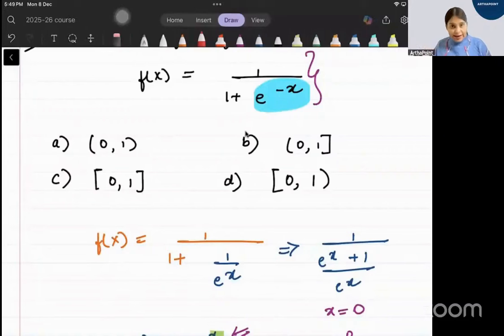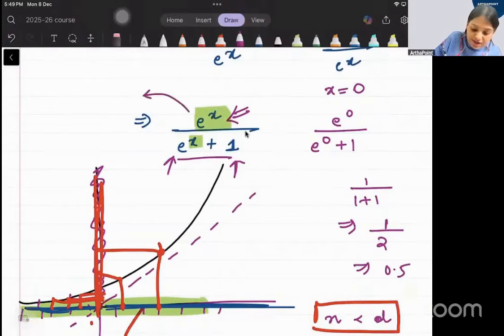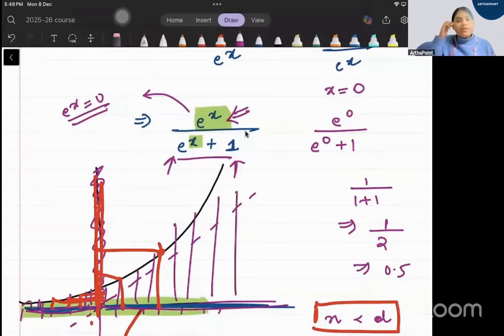And to answer that question, it will be 0 if the numerator is 0. This will take the value 0 if e to the power x is 0. But e to the power x is never 0. You put any x, you get y which is positive. Right? It is not cutting the x-axis.